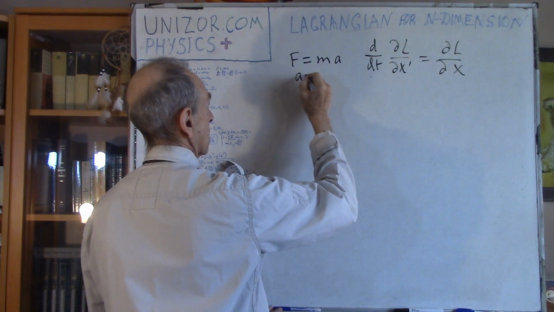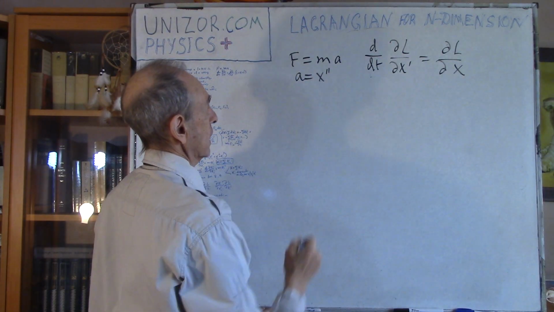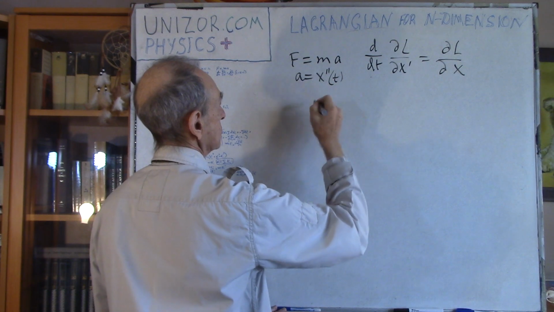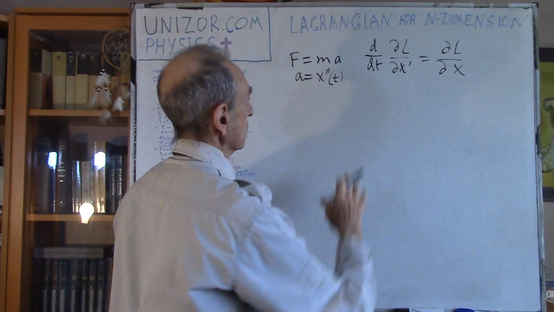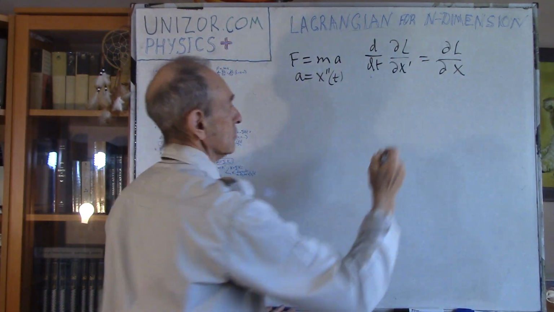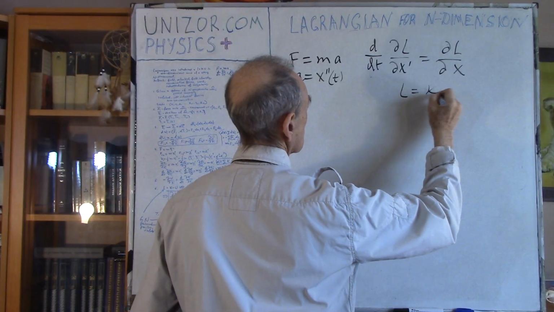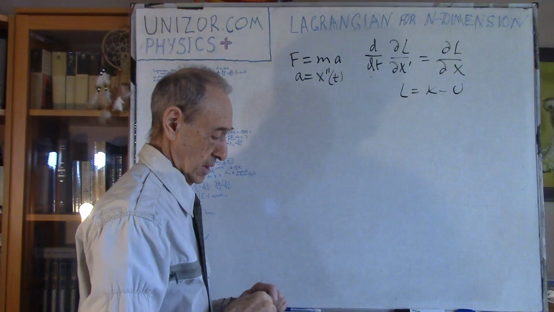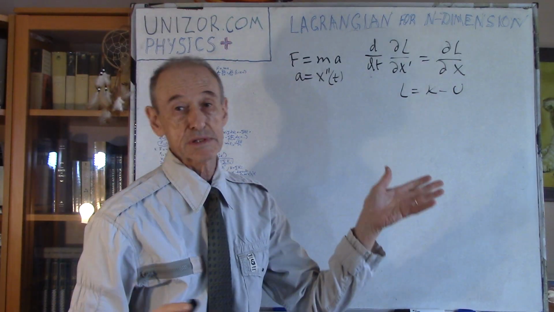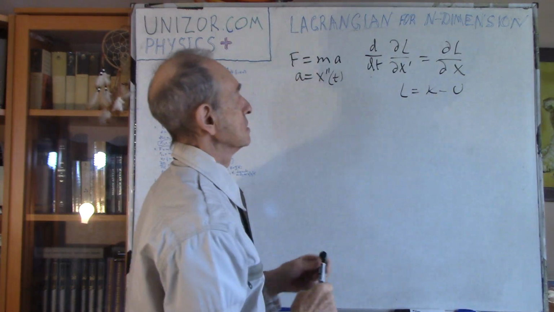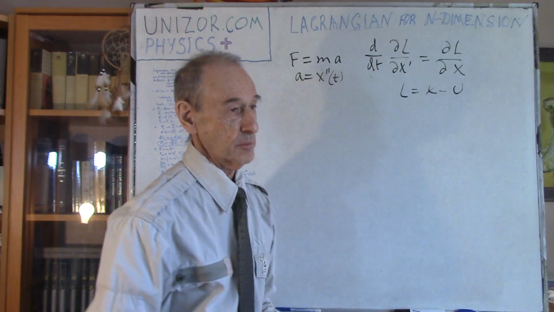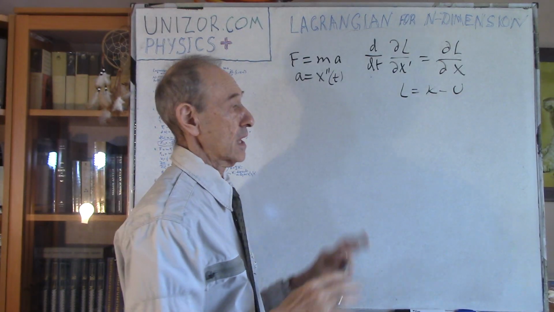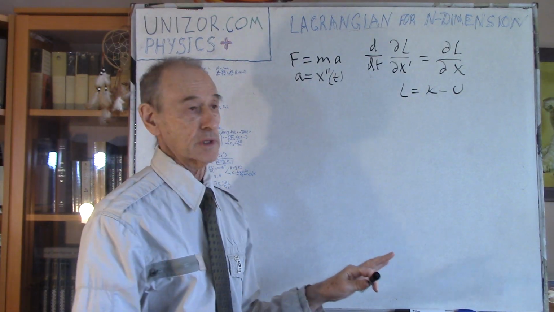Now, a is actually the second derivative of x, a function of t, of course. L is the Lagrangian, which is kinetic minus potential energy, in this particular case of an object on a spring. Now we will expand it to the n-dimensional case.